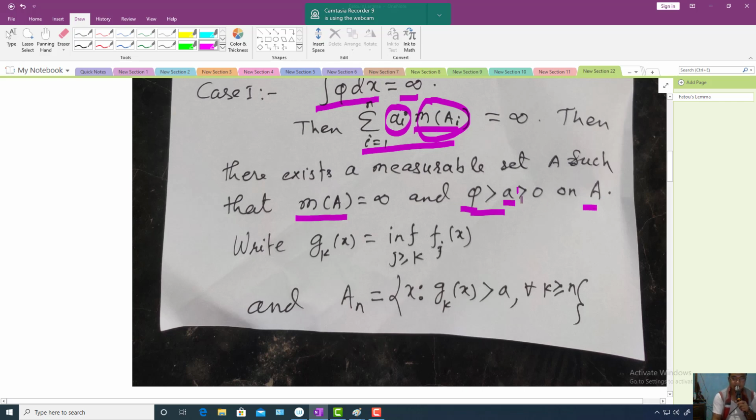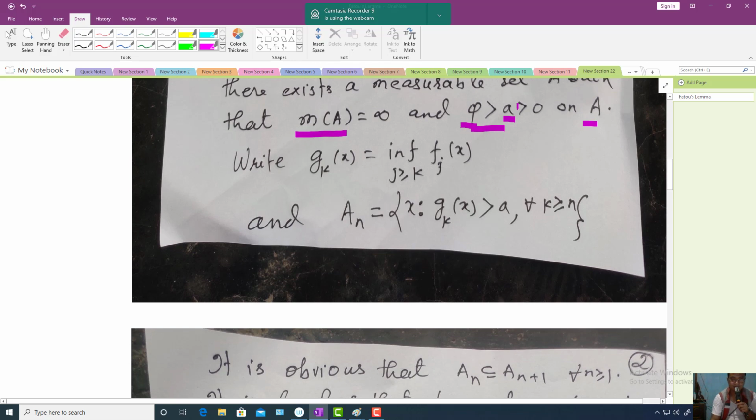Okay, so then let us write gk(x) is equal to, say, the infimum over j greater than or equal to k of fj(x). So this infimum. Then I'll tell you this gk is an increasing function.